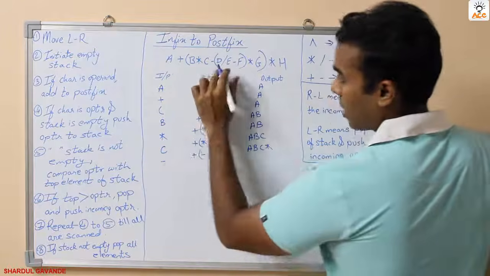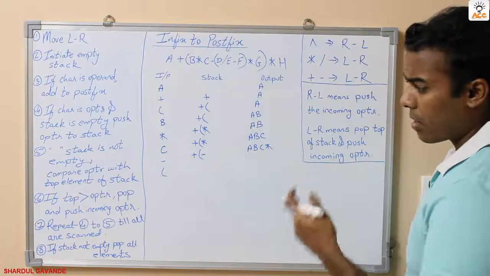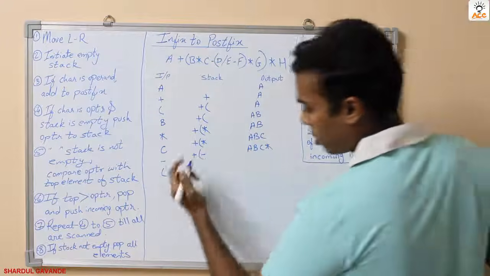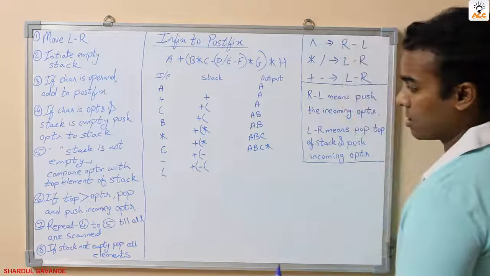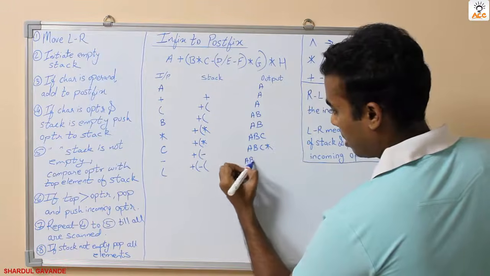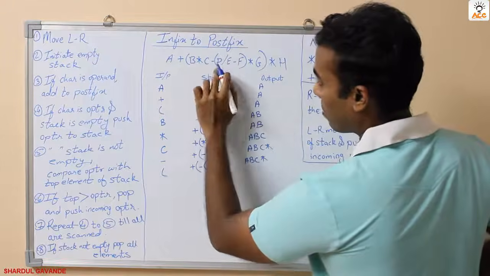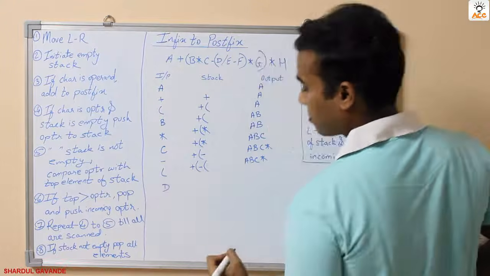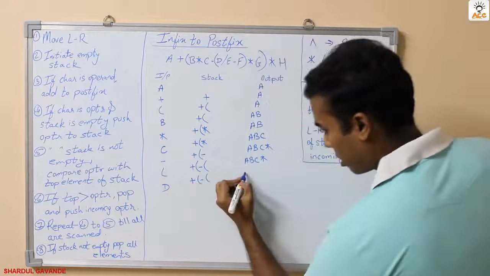Moving on further, after minus I have what? This open parenthesis. Whenever I have open parenthesis, I will simply push it into the stack, plus open parenthesis, and here it would be A, B, C, star. Next, after open parenthesis I have D. Again the same thing, since it is a character, no changes over here.